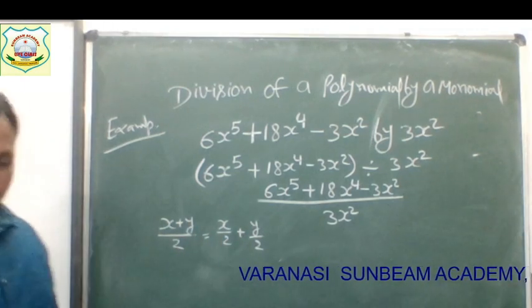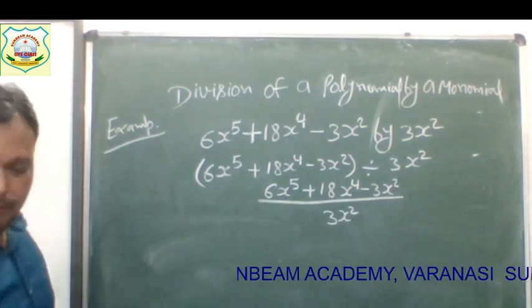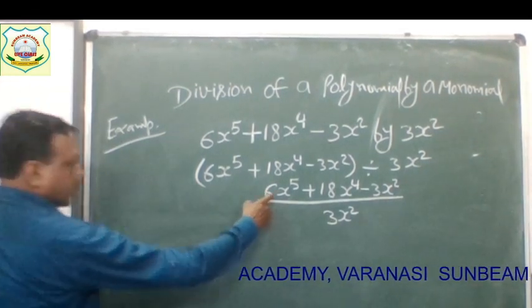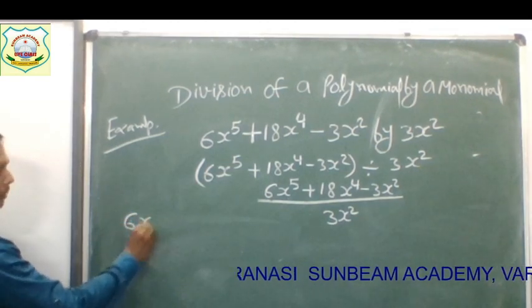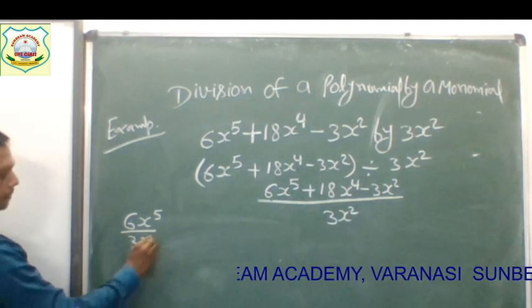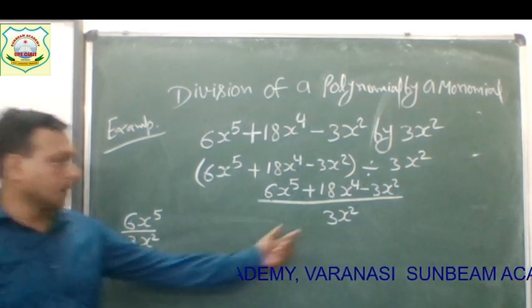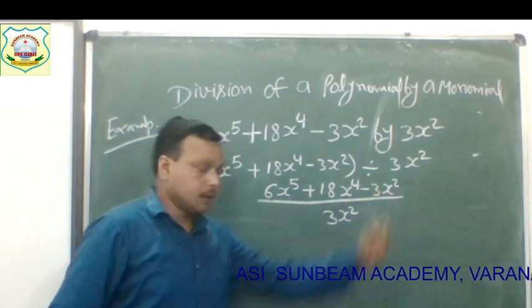This way we will do it. 6x power 5 upon 3x square, we distributed all three terms.